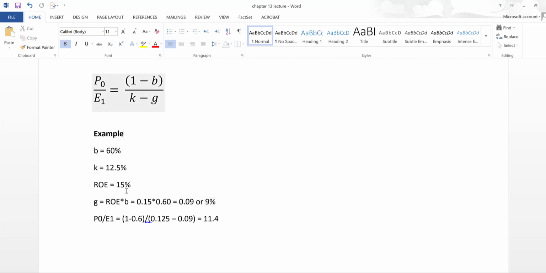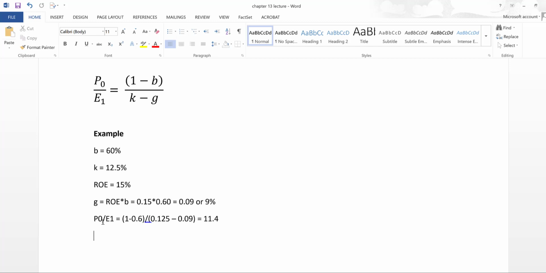Once we have all the inputs, we can compute the PE ratio: 1 minus 0.60 over 0.125 minus 0.09, and that gives us a PE ratio of 11.4. So we can arrive at this same PE ratio in a couple of different ways.